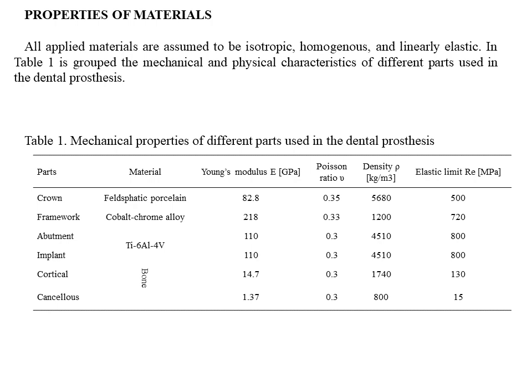All applied materials are assumed to be isotropic, homogeneous, and linearly elastic. This table regroups the mechanical and physical characteristics of different parts. Boundary condition.